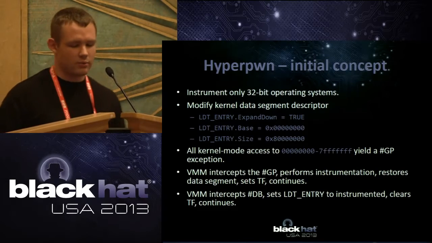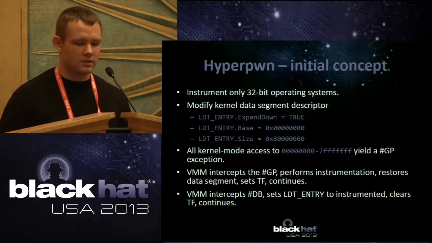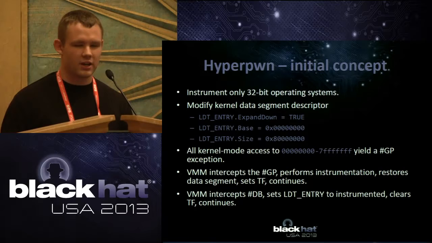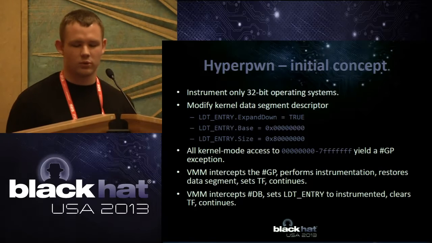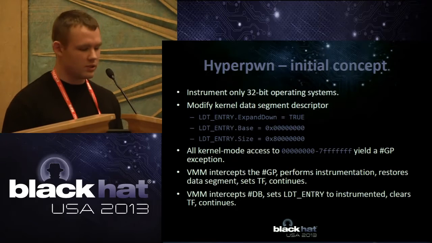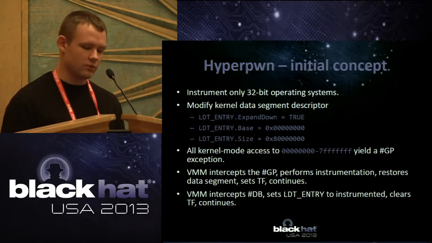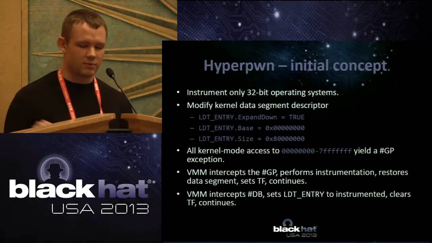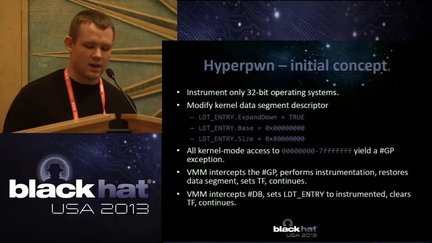So, about how we would intercept the memory reads. The basic idea would be to instrument 32-bit operating systems, which have the same code base as 64-bit, and do some GDT magic to replace the data segment for the kernel, to have it expand down with base 0 and size 8000.